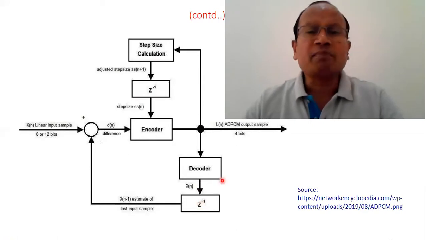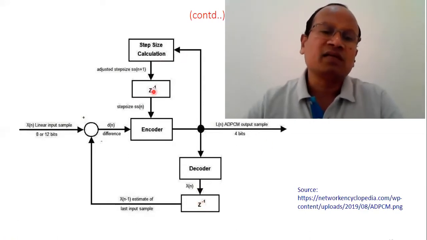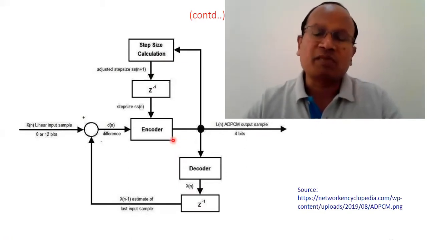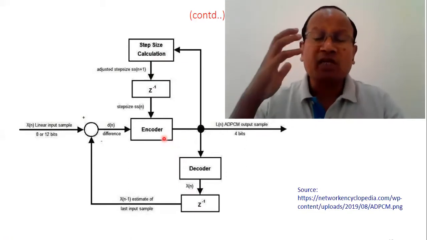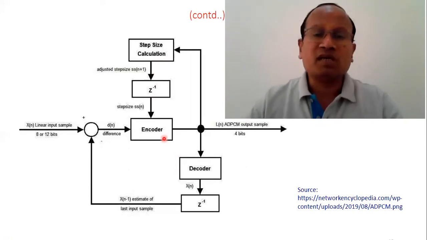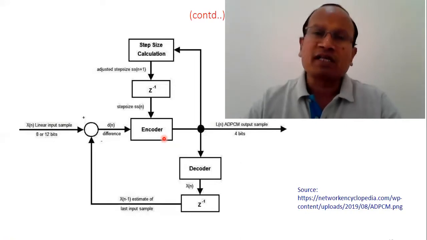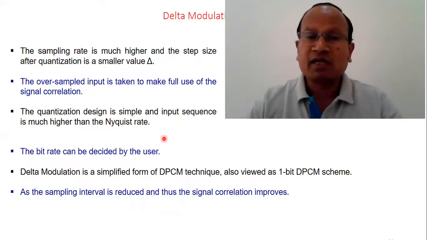But what is important is the step size calculation, and the decoder and dequantization all become adaptive, and we call the same DPCM as ADPCM, because the quantization, dequantization and prediction work in an adaptive manner, and accordingly we call it ADPCM.